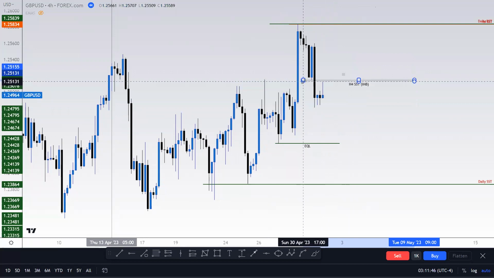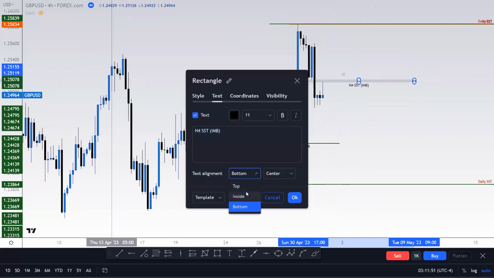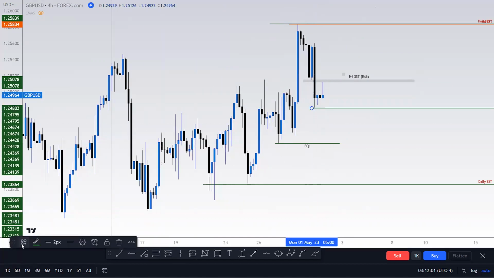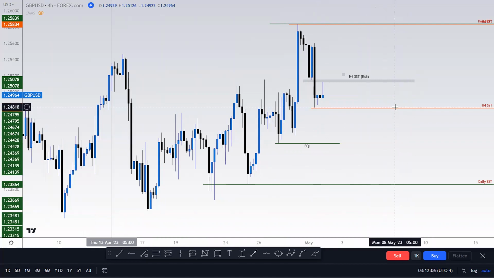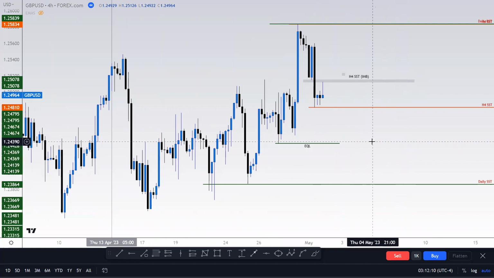So that part of the imbalance would be the next draw on buy side liquidity. And the next draw on sell side is going to be the swing low down here. Okay, so that's for the 4 hours.